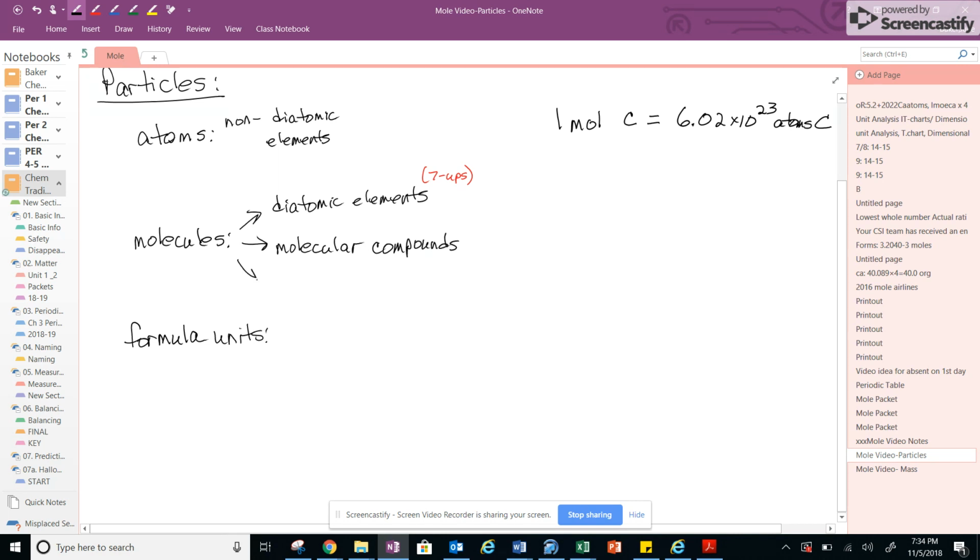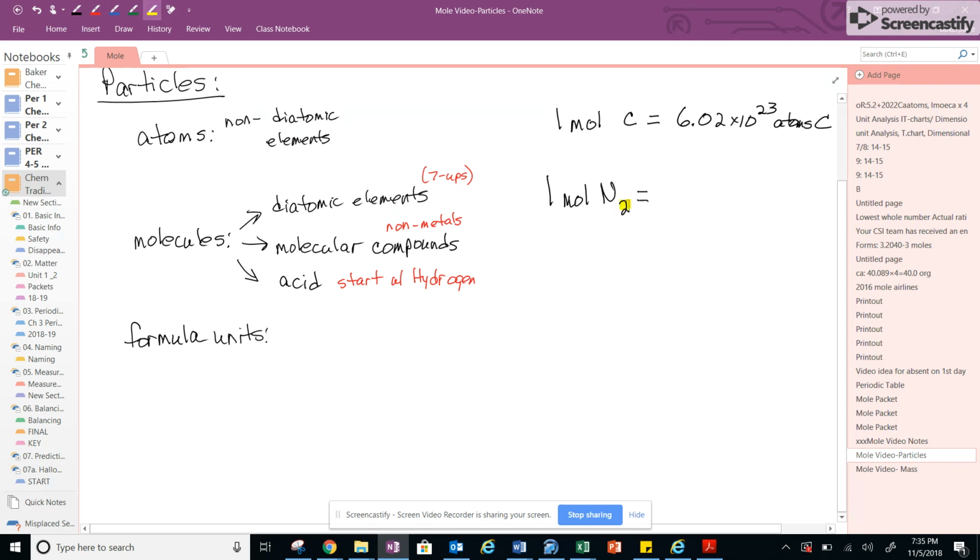And then the third type of compound that exists as molecules are our acids. So quick little review here. Remember, the molecular compounds are going to consist of all nonmetals, and our acids are going to start with hydrogen, except for water.